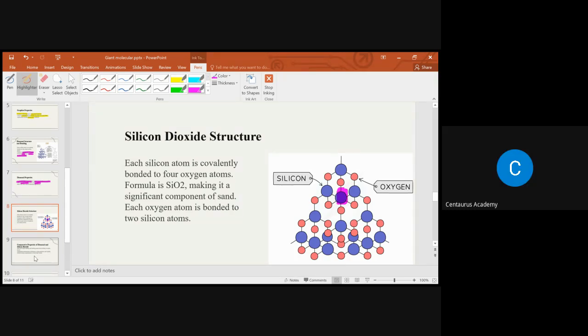And so what would you suggest the physical properties of silicon dioxide would be? High melting point and boiling point, and high density, and anything else? It doesn't conduct electricity. It is going to be hard. These are colorless crystals, just like diamonds.